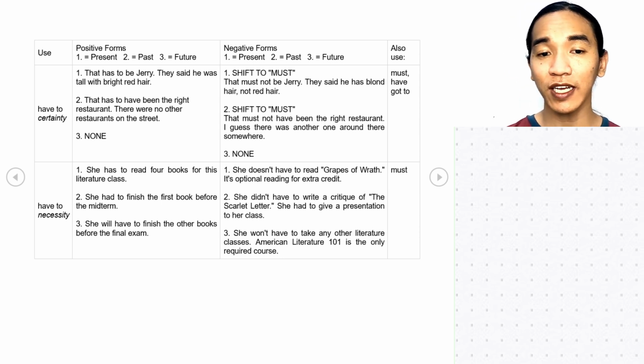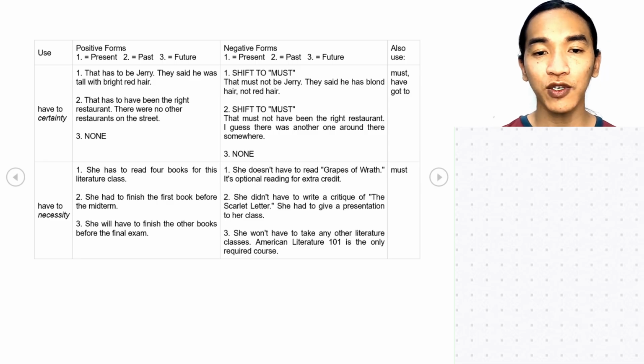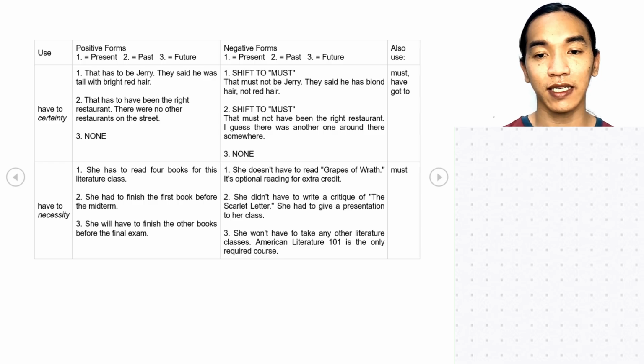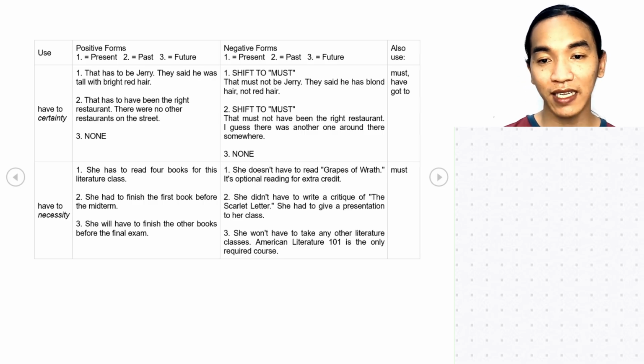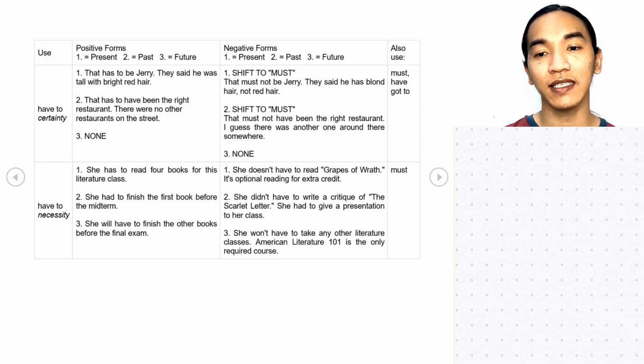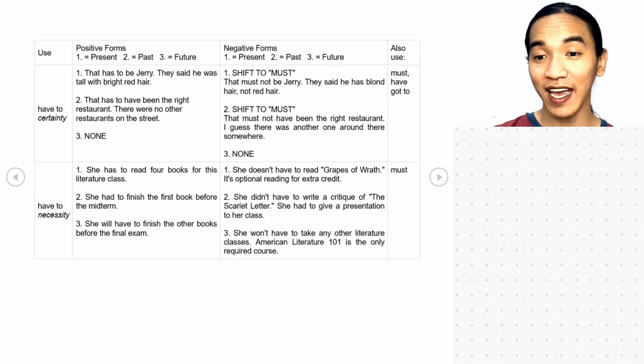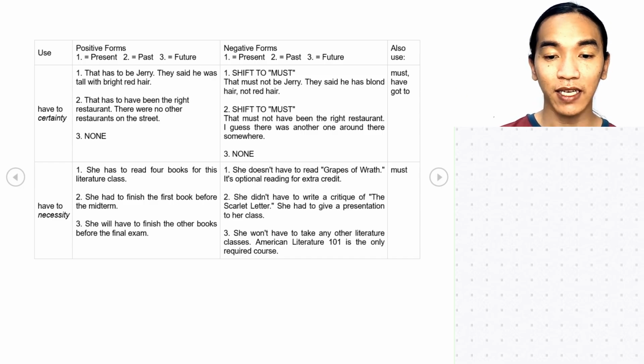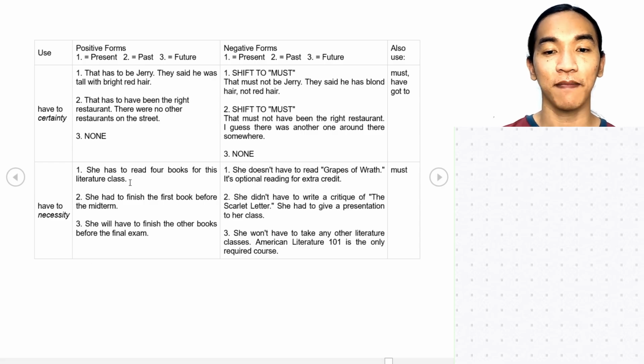Okay, so you can see here, we just use have to, but with the present, past, and future tenses. Okay, for negative, you just use doesn't, didn't, and won't. Have to, didn't have to, and doesn't have to. Okay, so in replacement, you can also use must, okay, to talk about them more.